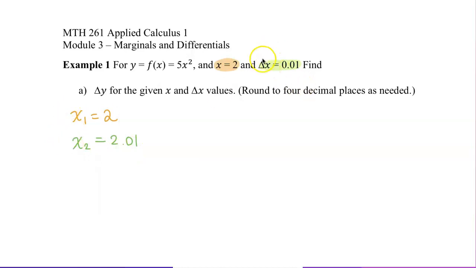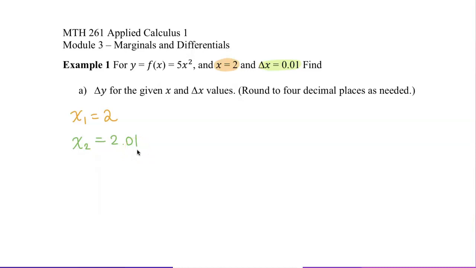So what are we doing with this? Now let's see. Find delta y for the given x and delta x values. Round to 4 decimal places as needed. So as x goes from 2 to 2.01, how do their y values change? That's what they're asking.